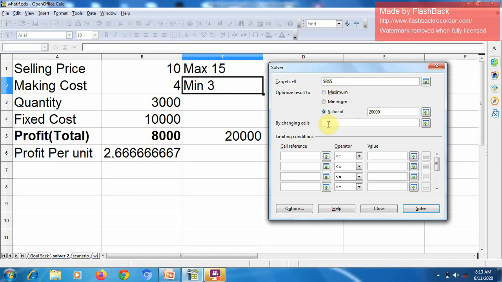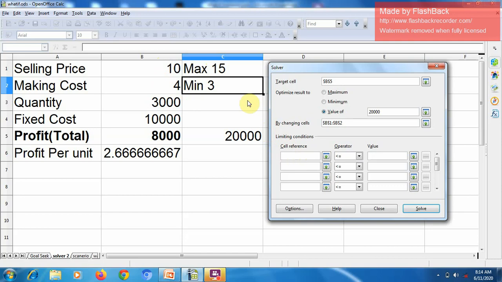In changing cells, select cells in which you want changes. For example, we want changes in selling price and making cost. We have to change selling price maximum 15 and making cost minimum 3. I am selecting these two. Now in limiting conditions, set the conditions.